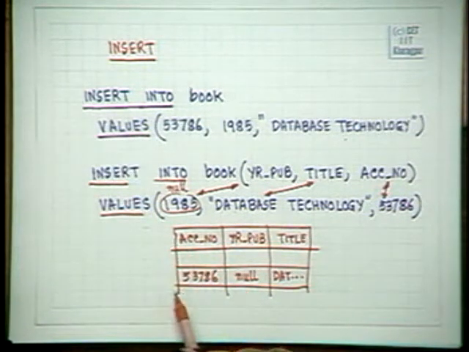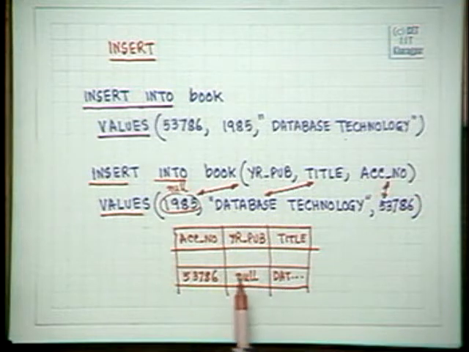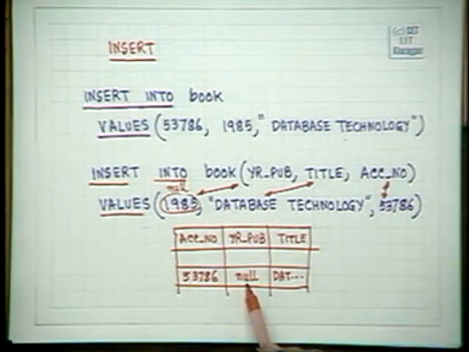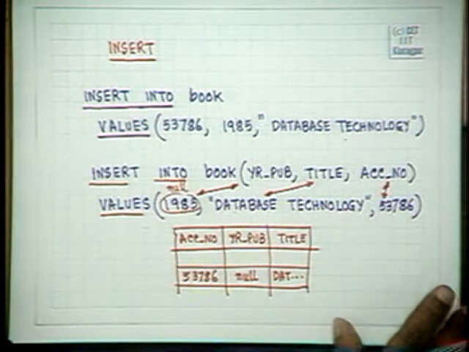So normally, till now, whatever we have assumed is that all the attributes must have values. There is a special value called null which may be there, and this null means that there is no value which is present here. Once you use null in your query language, you may do select and have things like this.